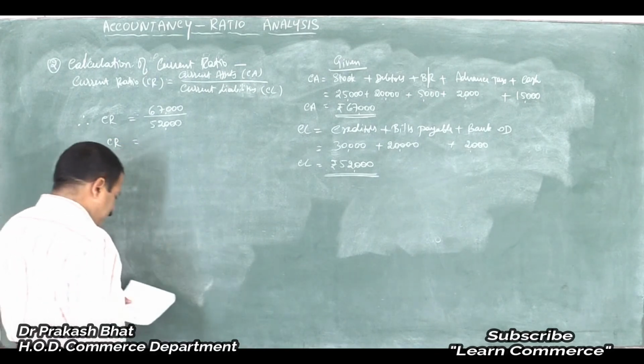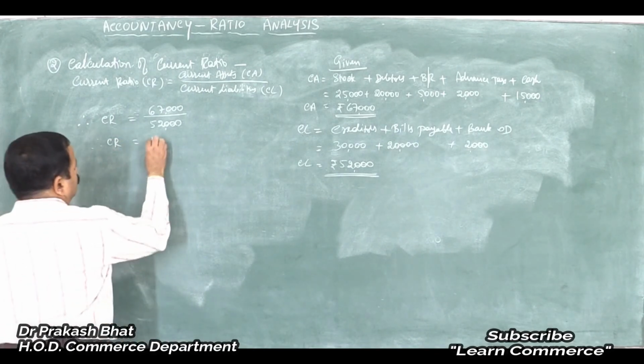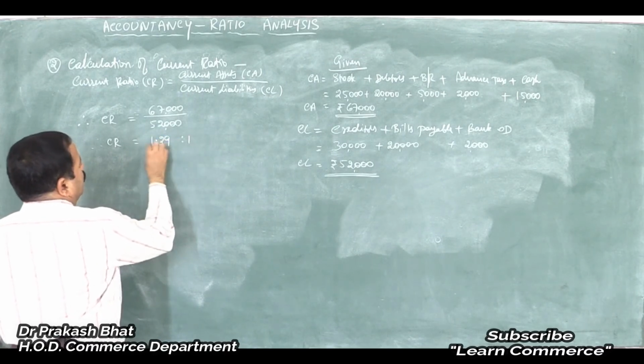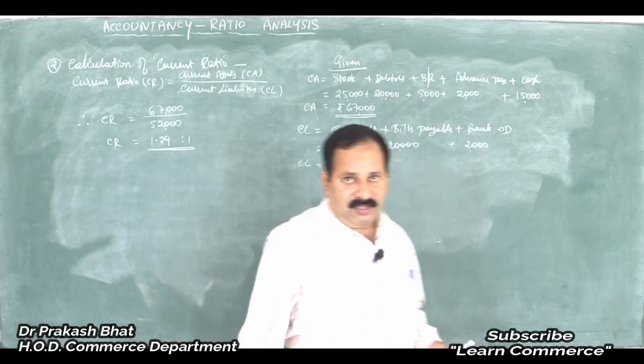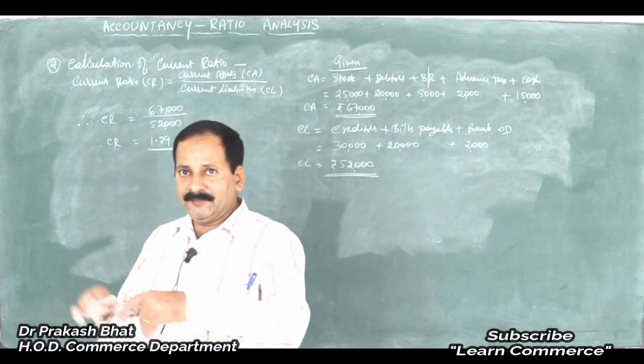CR is equal to how much? 1.29 is to 1. So this is the ratio. Just one minute, okay?